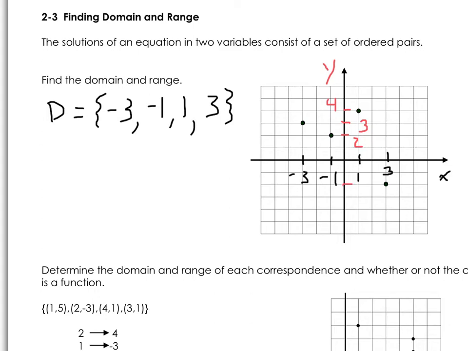And the bottommost point, y is a -2. So our range will be the set of values -2, 2, 3, and 4. That's our range, all possible y values.